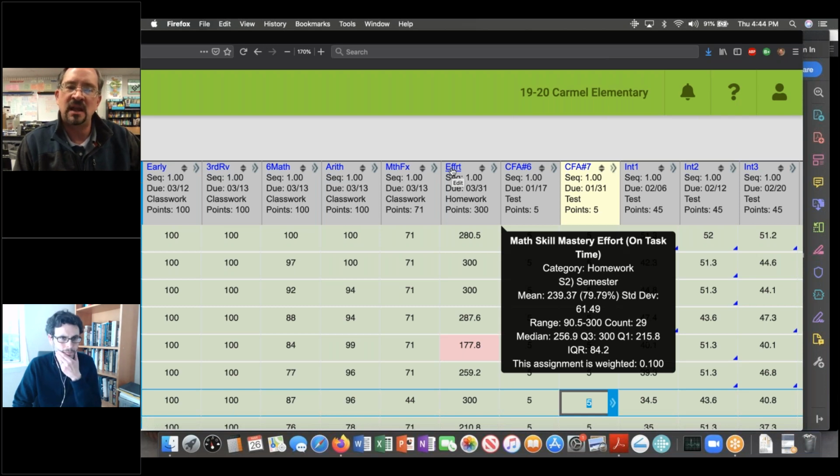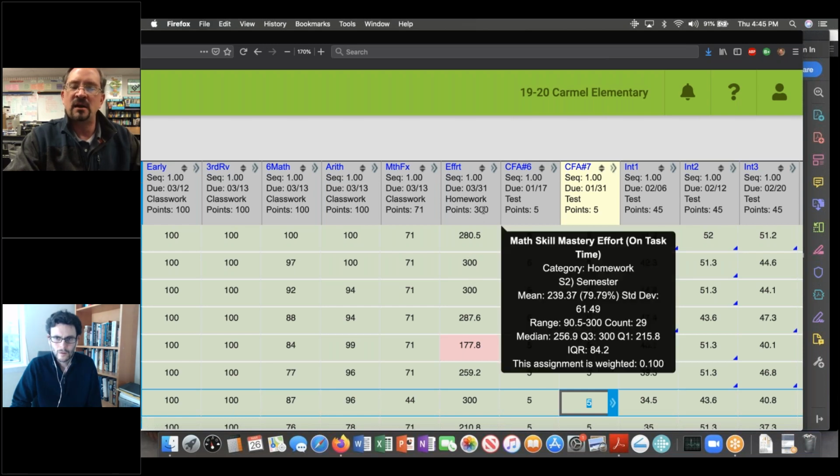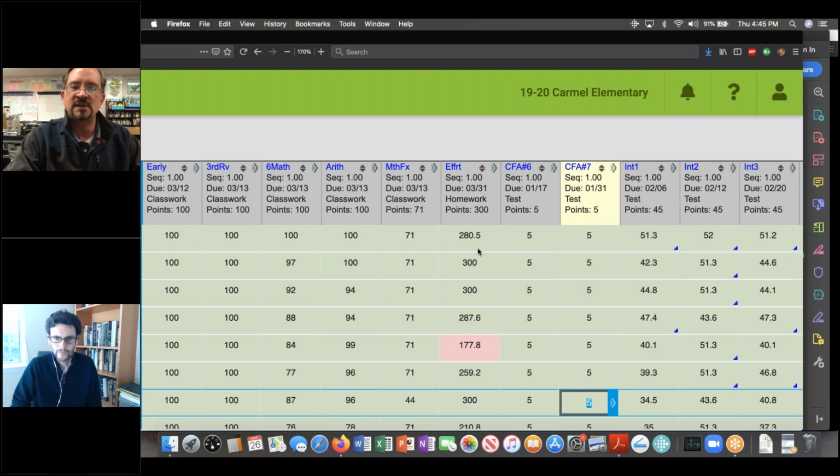I basically take the top 10 kids, and the 10th kid in the class has worked this semester, since December 16th, 3,000 minutes on task. So I make it out of 300 and then move the decimal place over. So all these kids with 300 points have an effort grade of 300 out of 300, 100%. Anybody with less than that, because they're not going home and doing their homework, or not working in class like they should, it's less than 300.